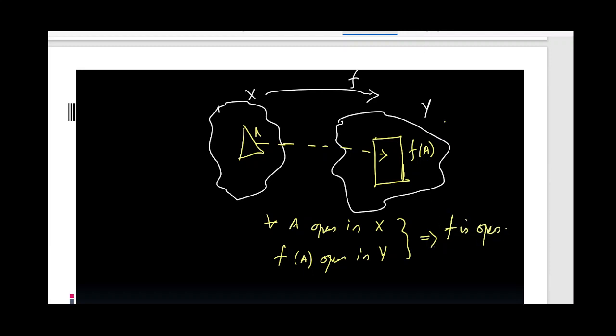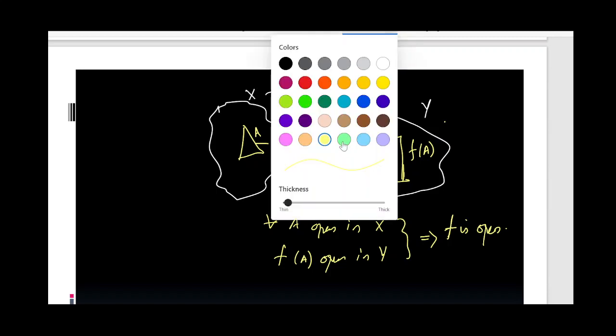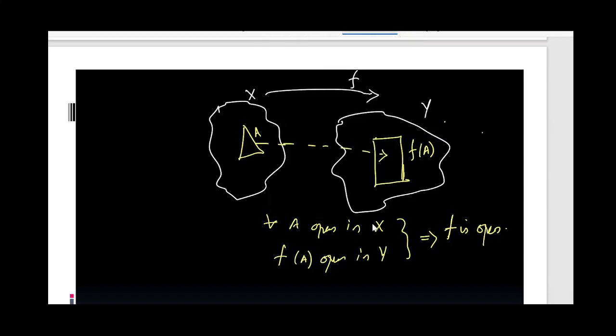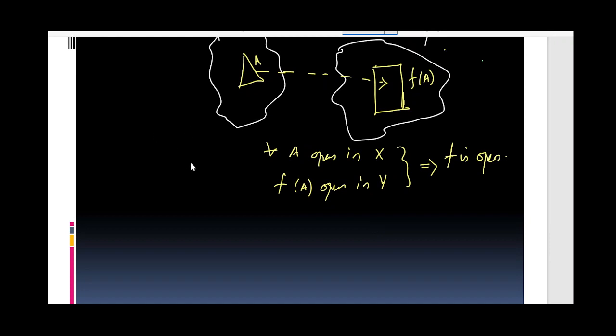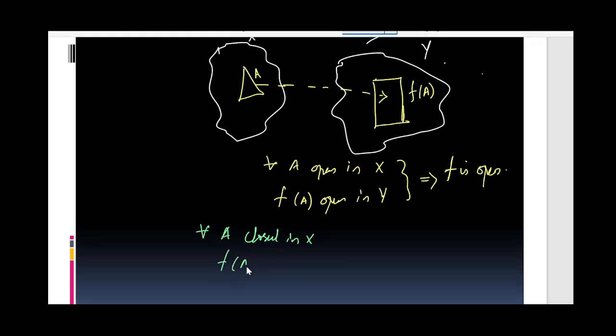Now reversely, for every A closed in X, if I am having f of A closed in Y, then we will say that this map f is closed.